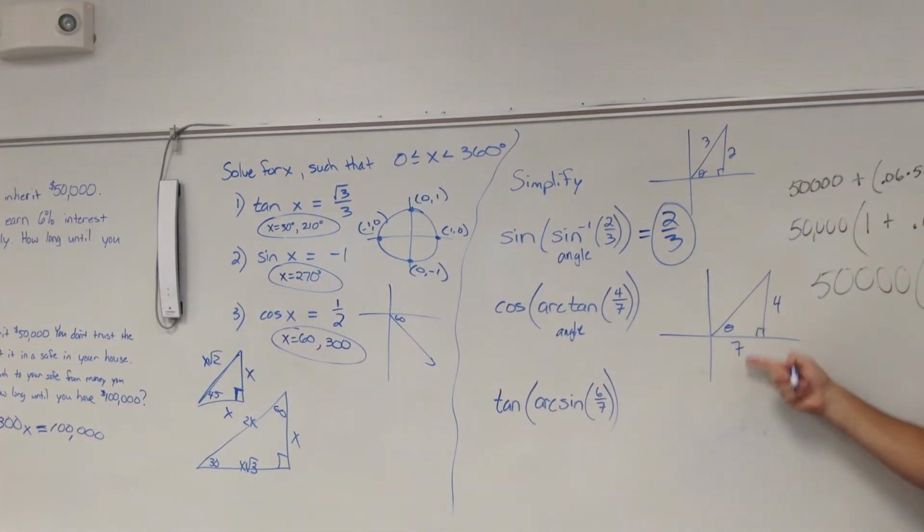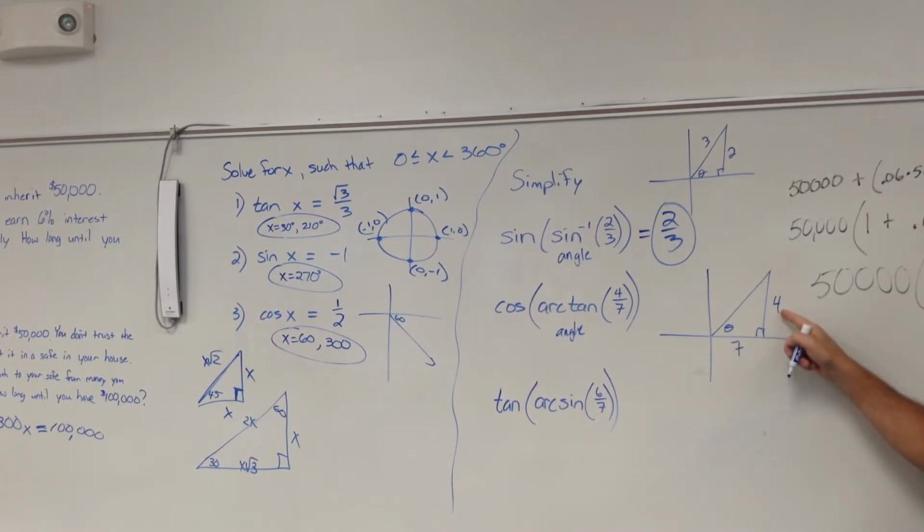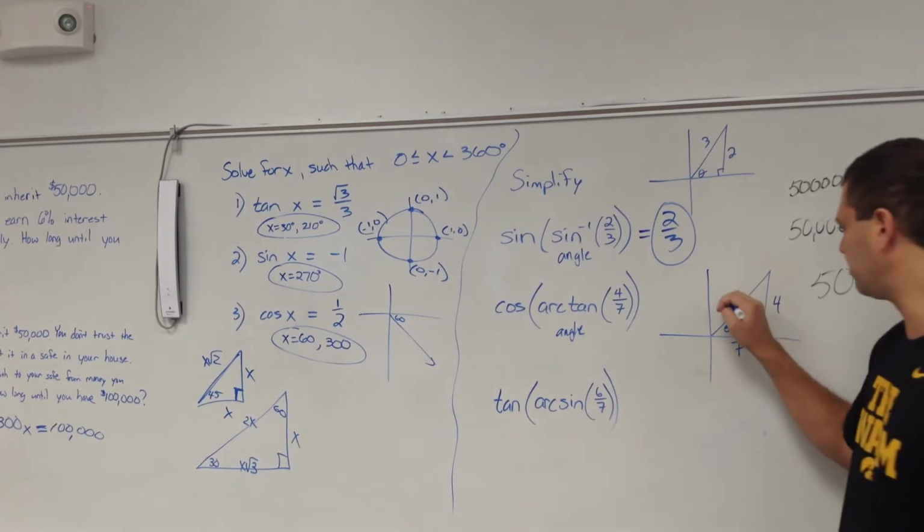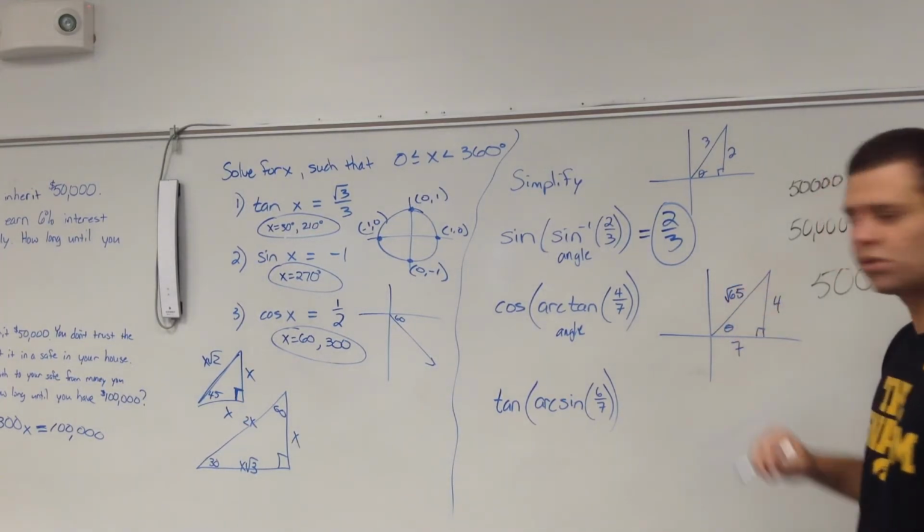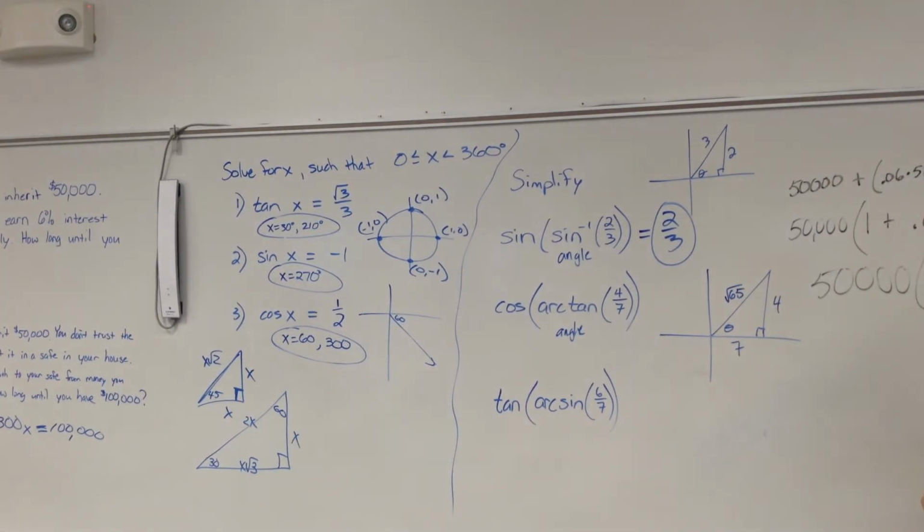So what's the cosine of this angle? 7 over something, right? Could we figure out what that something is? Yeah, Pythagorean theorem. 7 squared plus 4 squared, so 49 plus 16 is 65. The square root of 65 can't reduce, so it just stays square root of 65.